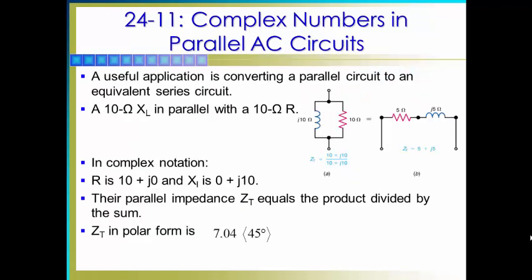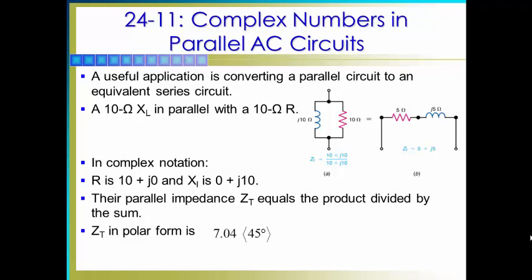Another useful application of the complex number is converting a parallel circuit into an equivalent series circuit. For instance, if you have a 10 ohm inductive reactance in parallel with a 10 ohm resistor, well, in this case, in a complex notation, you know that the R is basically 10 plus the coefficient for J is 0, and X of L has no real part and the coefficient of J is 10.